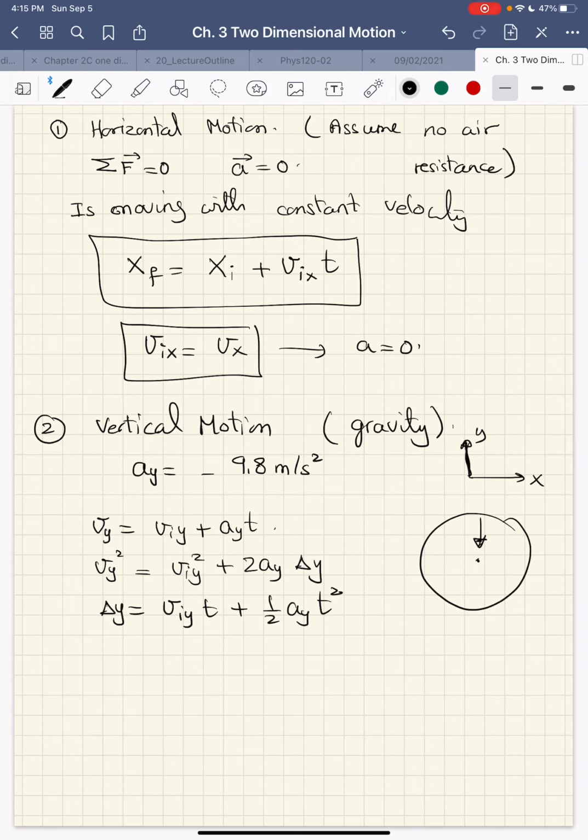I'm giving you the ay to know that this is in the vertical direction. Delta y is also Viy plus Vy over 2 times t. Okay, then these are the two sets of equations that we are going to use for projectile motion.